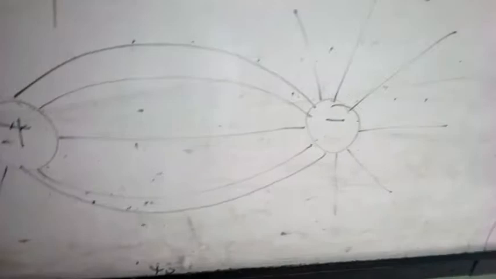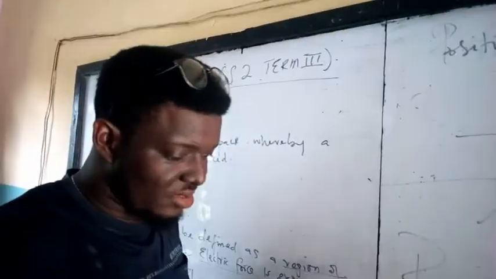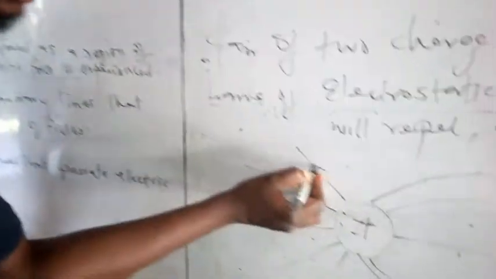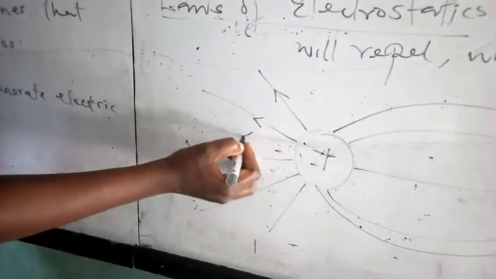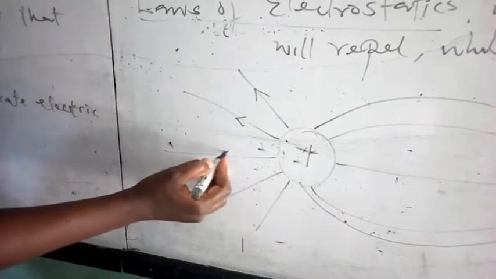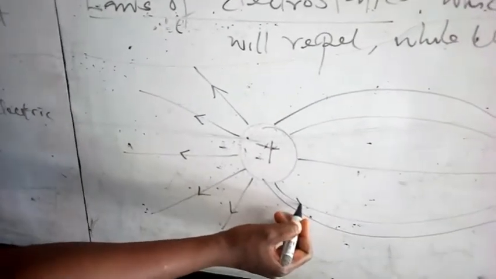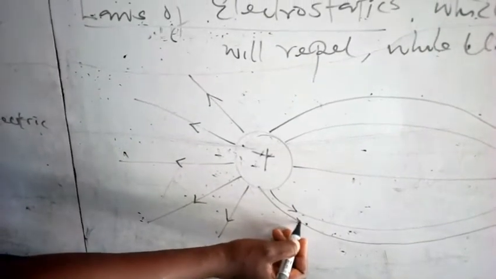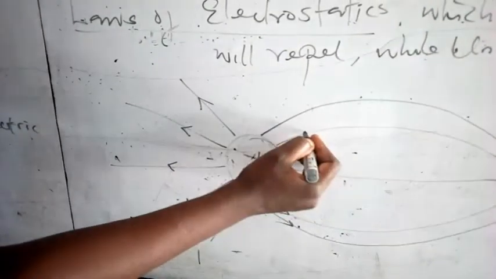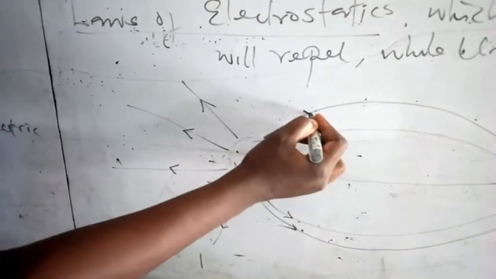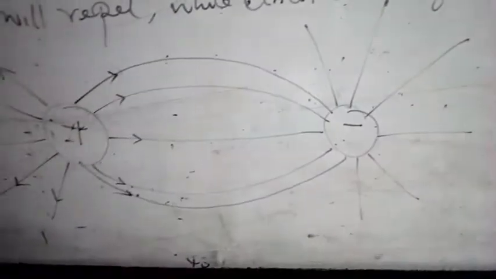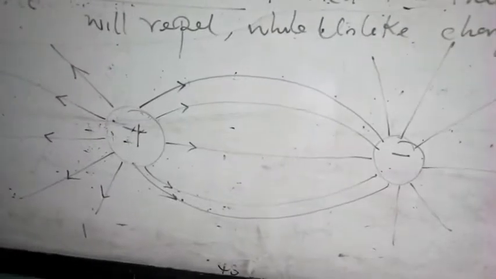As you can see, from what I told you previously, the positive charge is giving out electric field lines. So let's indicate it like that. It's giving out electric field lines. So what happens to the negative charge?